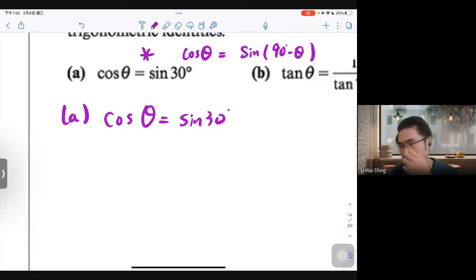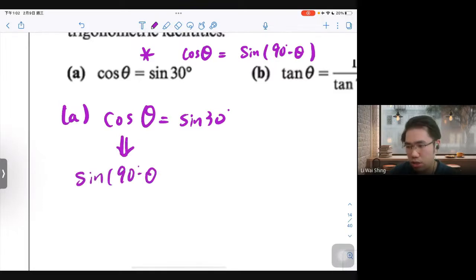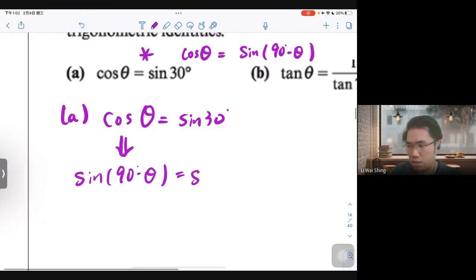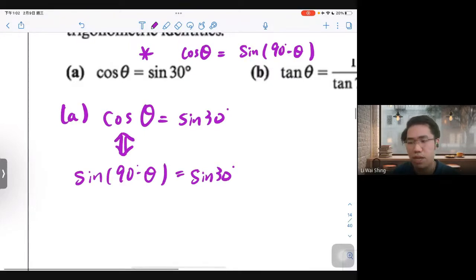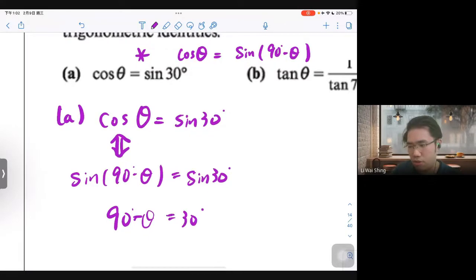Sine becomes cosine, sine 90 degree minus theta becomes cosine. So I can change this into sine 90 degree minus theta. These two, they are equivalent. So sine 90 degree minus theta equals sine 30 degree. So I know that 90 degree minus theta equals to 30 degree. Theta is just 60 degree. Finished.